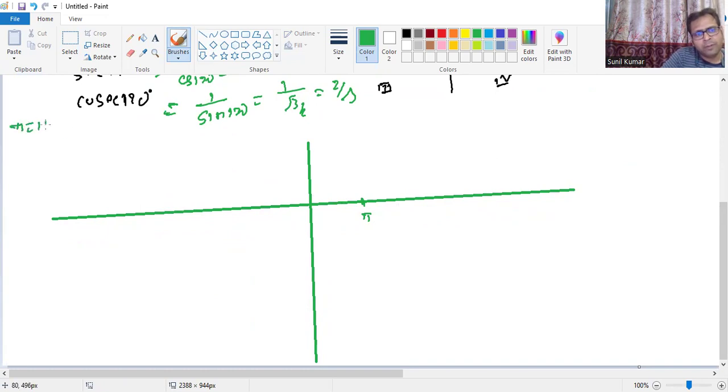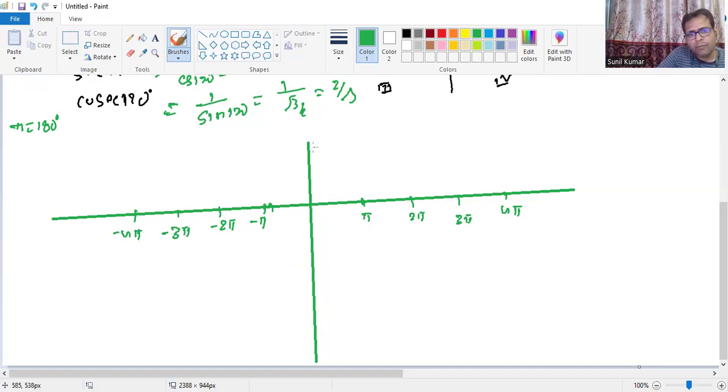So pi is 180 degrees. Here we have 2 pi, 3 pi, 4 pi, like that. On the left side also we can use minus pi, minus 2 pi, minus 3 pi, minus 4 pi.